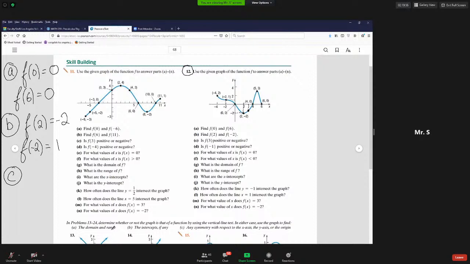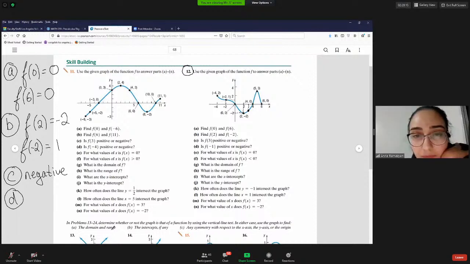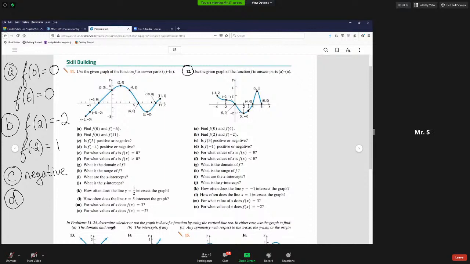The function value, the y value, is negative. So f of 3 is some negative value. Is f of negative 1 positive or negative? Positive. For f of negative 1, we are somewhere here. That's positive.